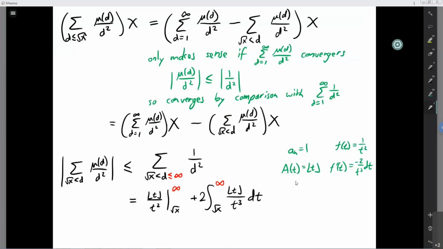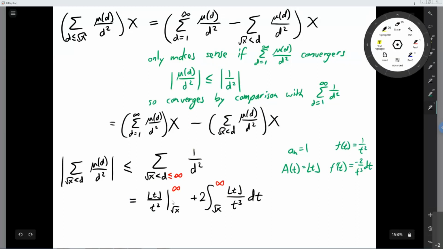All right, so here we've got Abel summation again. What we can do here is pretty much the same as what we did for Abel summation before. We know how to approximate the floor function of t.